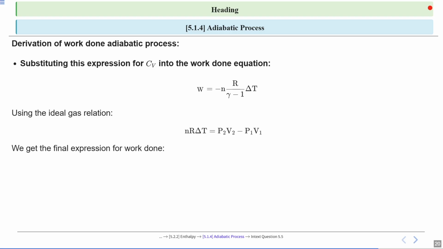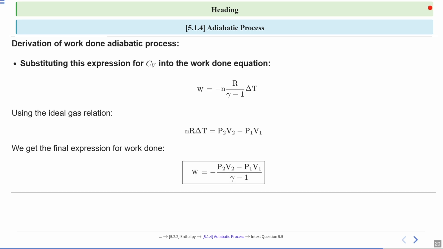So we can finally write our equation as P2 V2 minus P1 V1 divided by gamma minus 1, with a negative sign. So this is the work done in case of an adiabatic process. This is a very, very important relation. Got it?